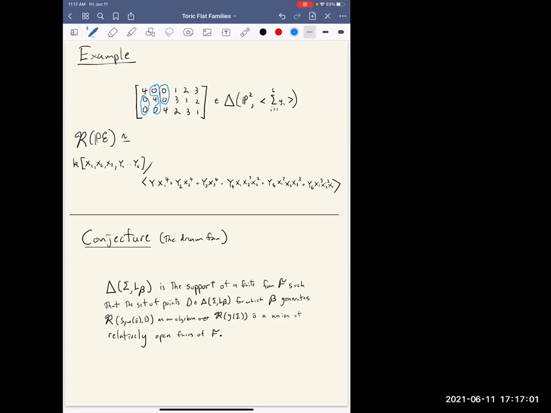That is, you can always find some fan where the Mori dream space bundles associated to that given linear ideal are a nice finite combinatorial set inside that fan.